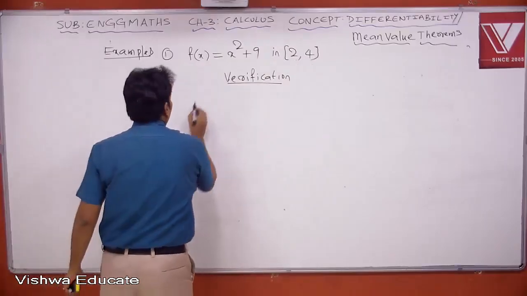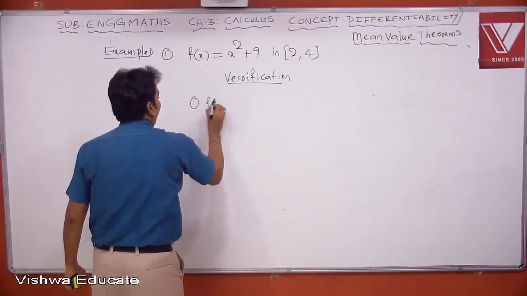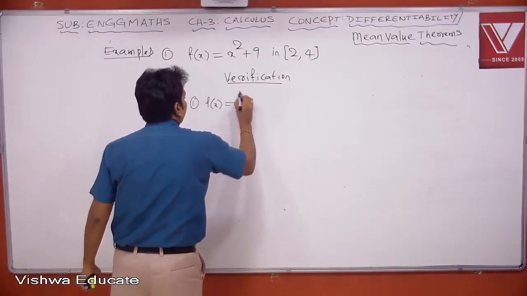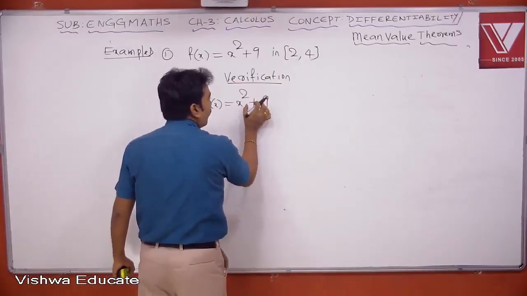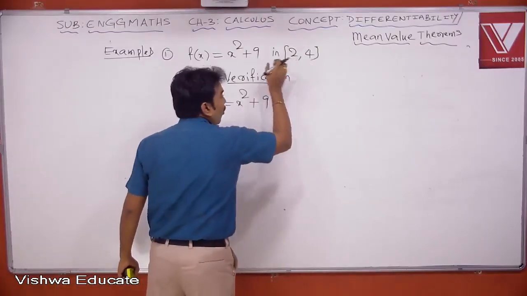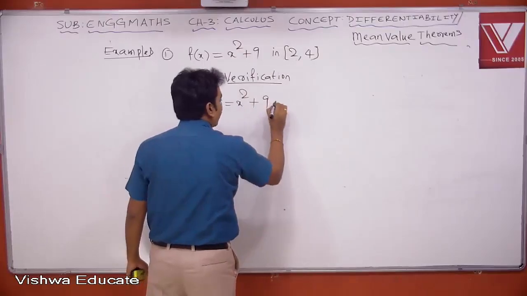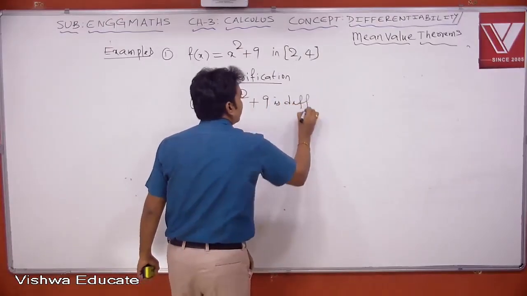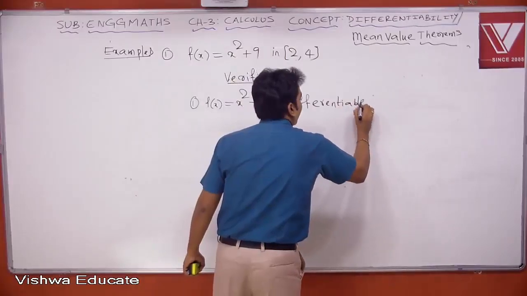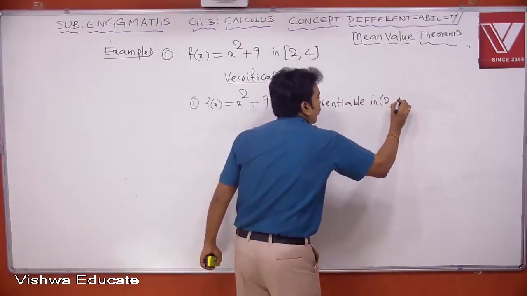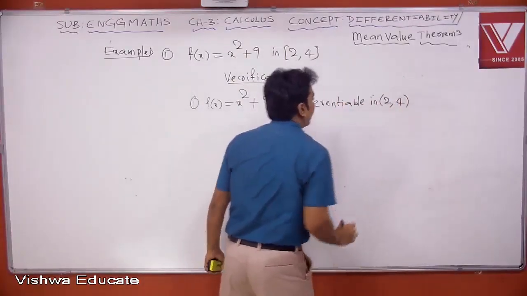Now let us see. Here f of x equal to x square plus 9 is a polynomial expression. We know that all polynomials are differentiable in all intervals. In particular, this is differentiable in the open interval 2 comma 4, because for the derivative an open interval is enough.